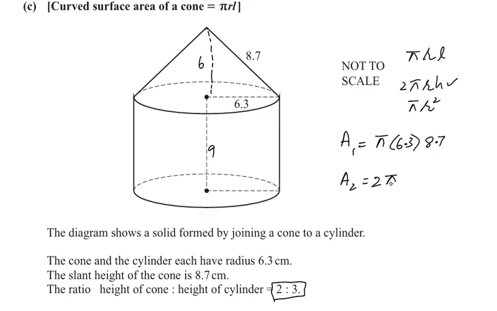I will be using the value of pi given by the calculator. And r is again 6.3, and h is the height of the cylinder, which is 9. And there is one more area, the area of the base, the floor of this cylinder, A3, which will be equal to pi r square, pi into 6.3 square. I'm sorry, let me make it clear again. It must be 6.3 square.